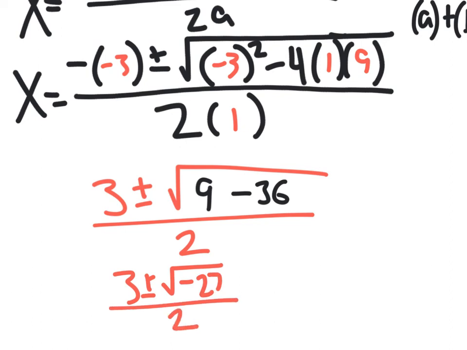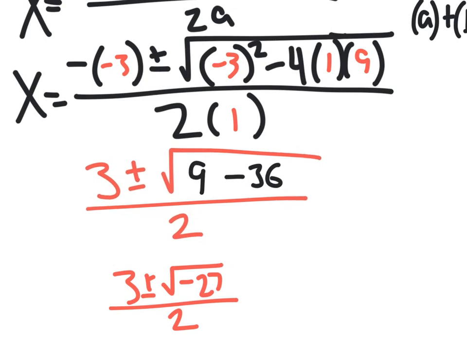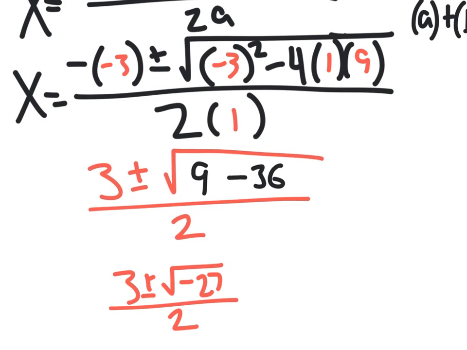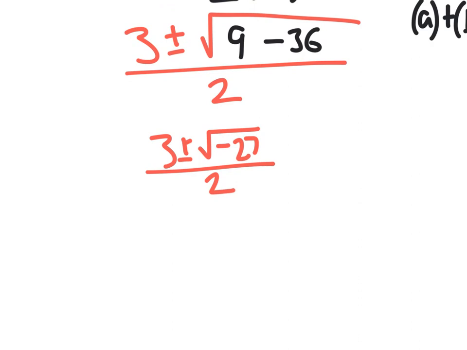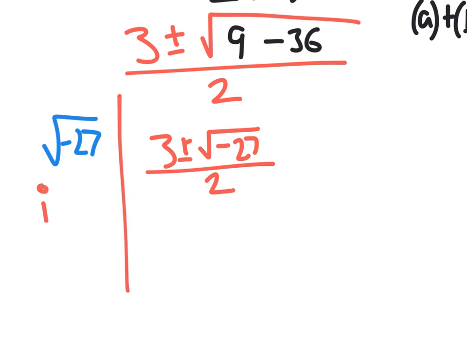Okay, so what we need to do now is focus in on simplifying the square root of negative 27. For example, the square root of negative 27, well, first of all, that negative becomes an i on the outside, so I'm doing this work on the side. You end up with the square root of 27 now instead of negative 27. And 27 breaks down to 9 times 3.